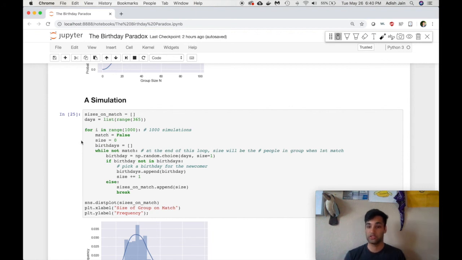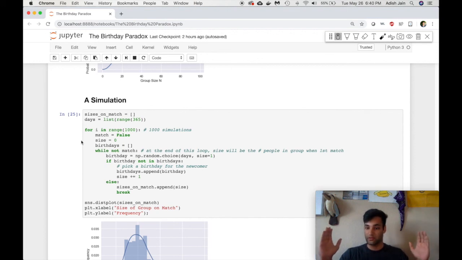On each iteration, we're going to slowly build our group up, and for each newcomer, we assign them a random birthday, again uniformly distributed.